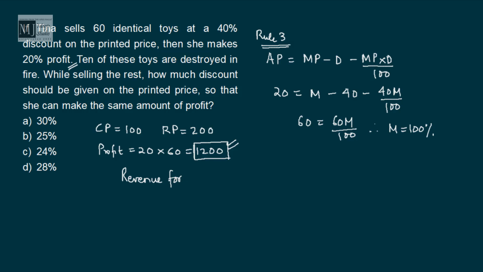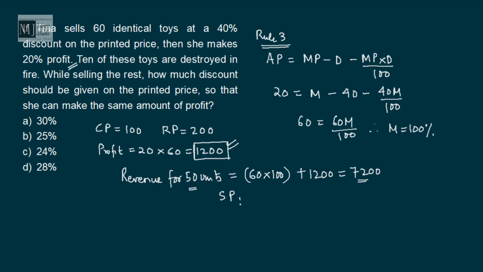Revenue from 50 units. How much is she expecting? She is expecting the full recovery of cost price of 60 units, 60 into 100, and the profit of 1200. That means she is expecting 7200 from the revenue of 50 units.